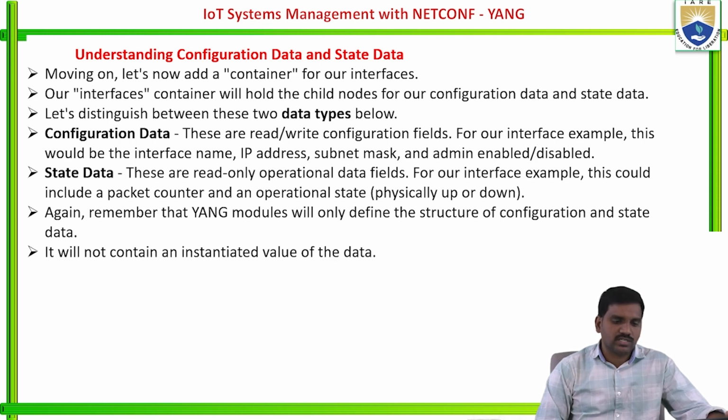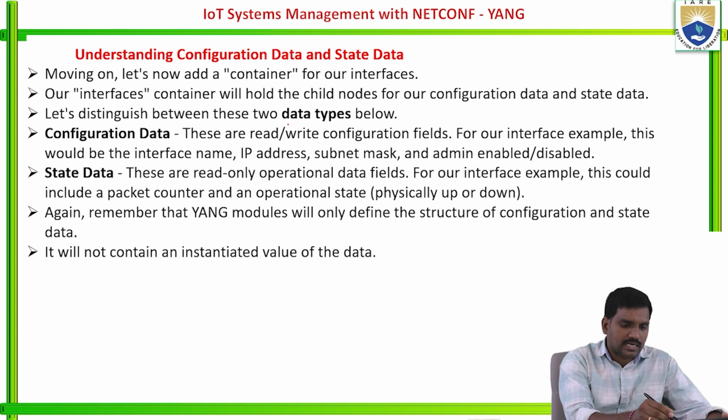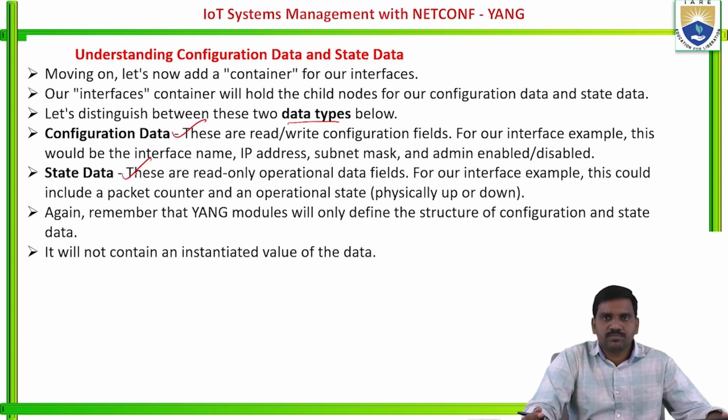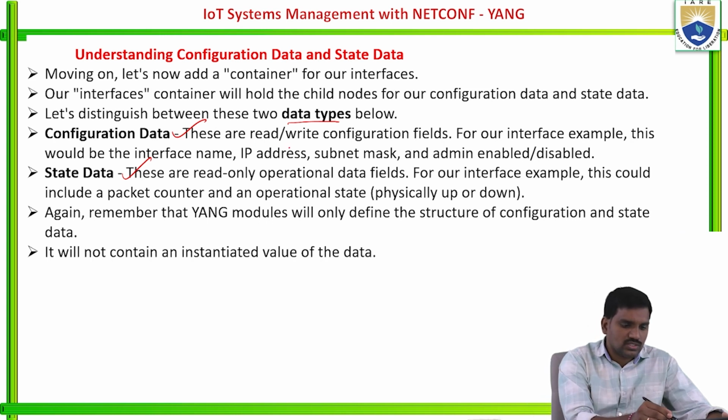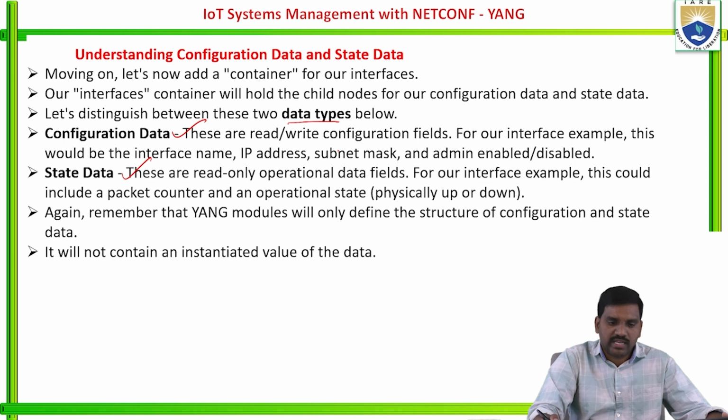Next, understanding configuration data and state data. These are the two types of data here: configuration data and state data. So what is configuration data? What is state data? Before ending this lecture, these are read and write configuration fields.